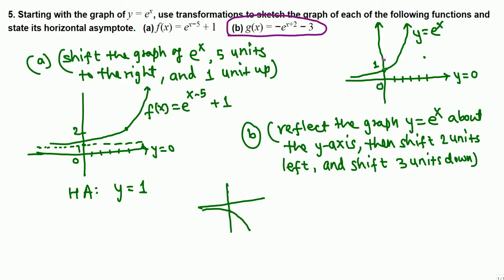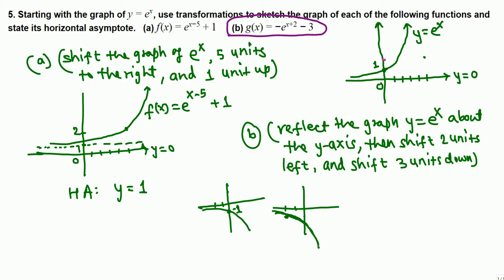So this is (1, 0), now this is (negative 1, 0). Then shift 2 units left, so negative 1 goes here now, and we have a graph like this.